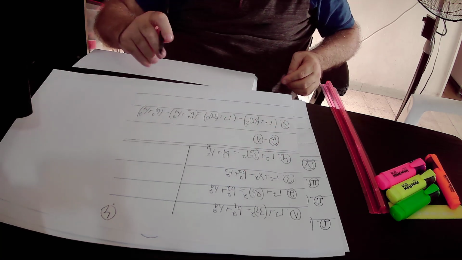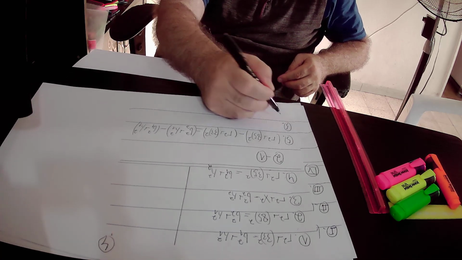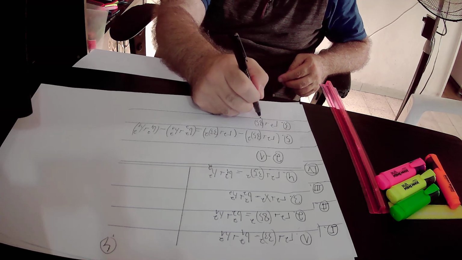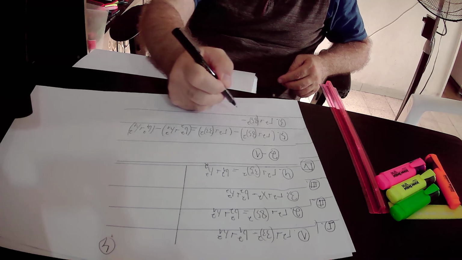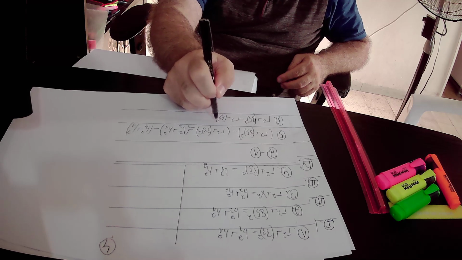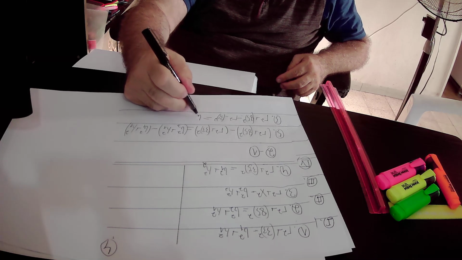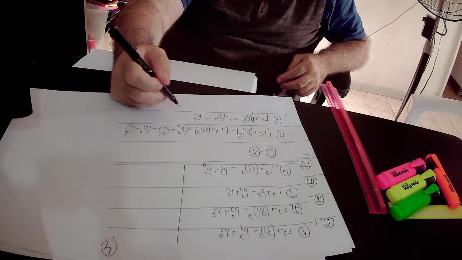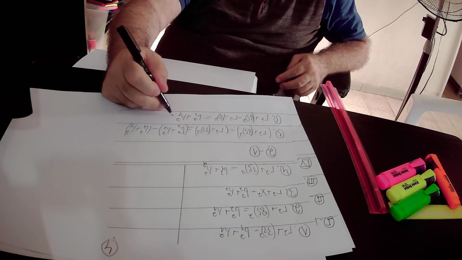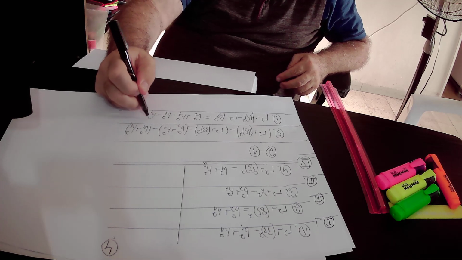In the next step, we'll open the brackets of equation number 5, and we get that according to equation number 5, R square plus 85 square minus R square minus 33 square equals B2 square plus H1 square minus B1 square minus H1 square.